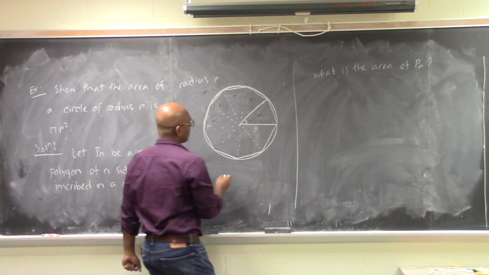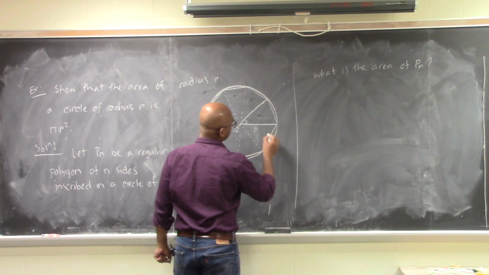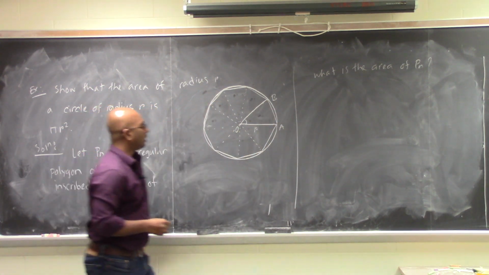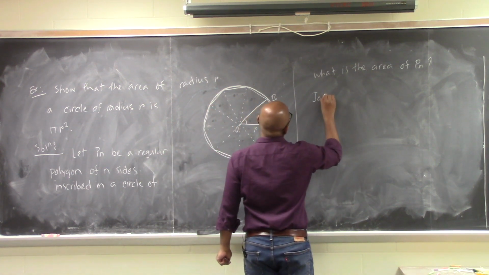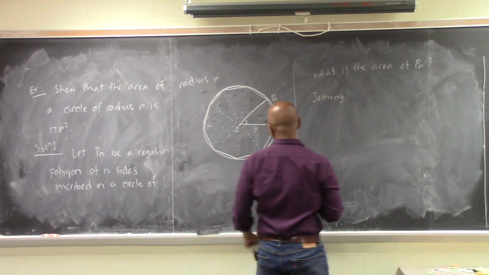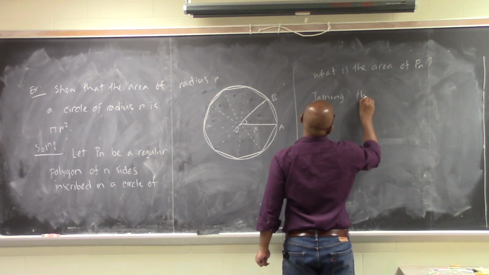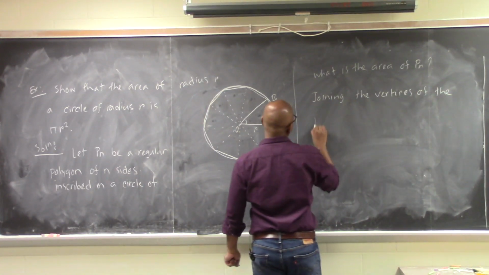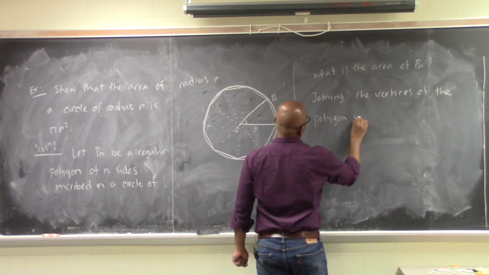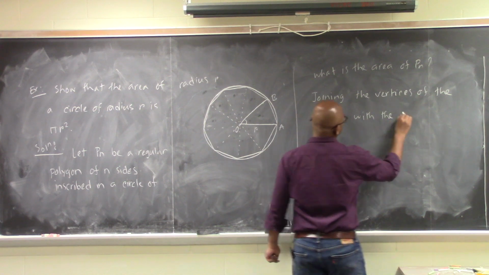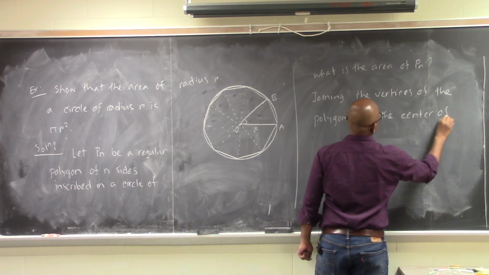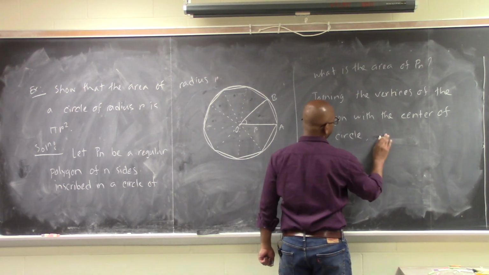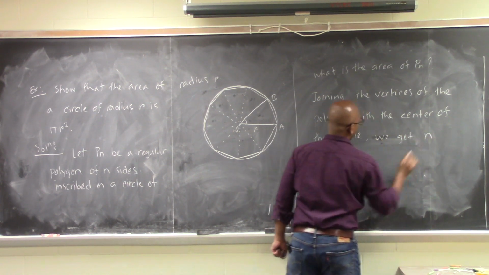Okay, so let's call this triangle O, and let's say this one is A and B. Okay, all right, so joining the vertices of the polygon with the center of the circle, we get n congruent triangles.